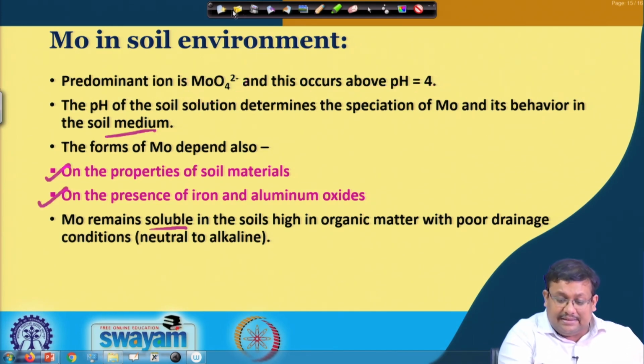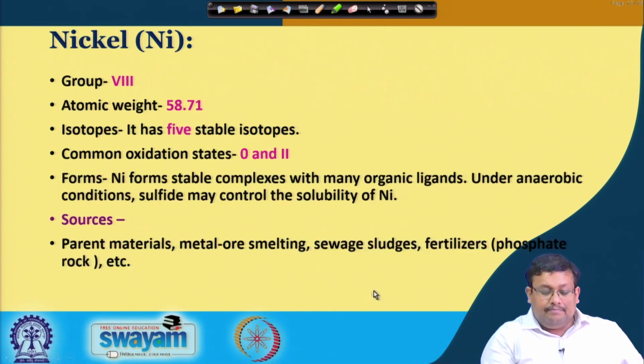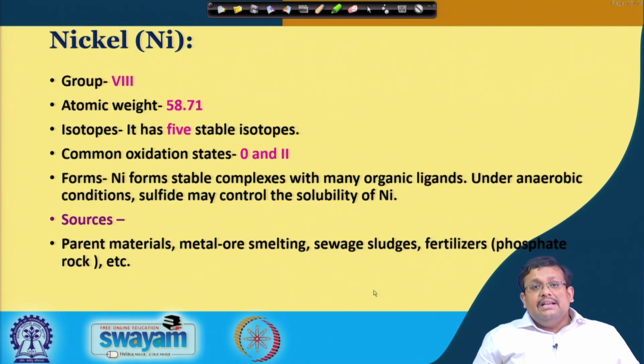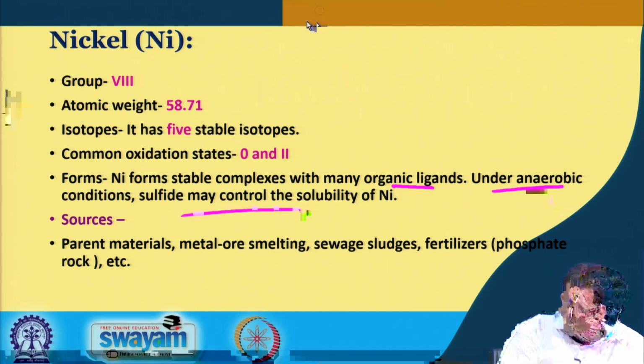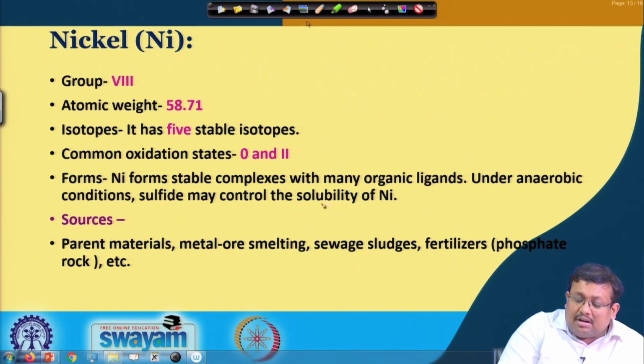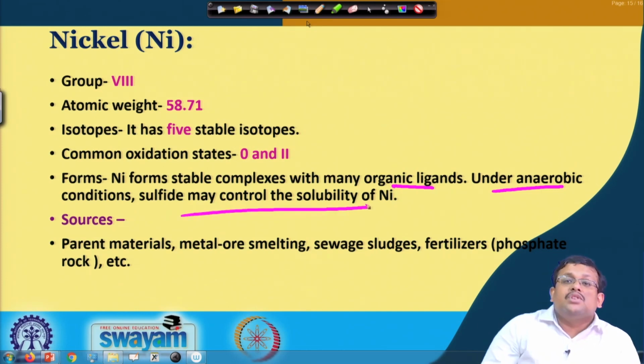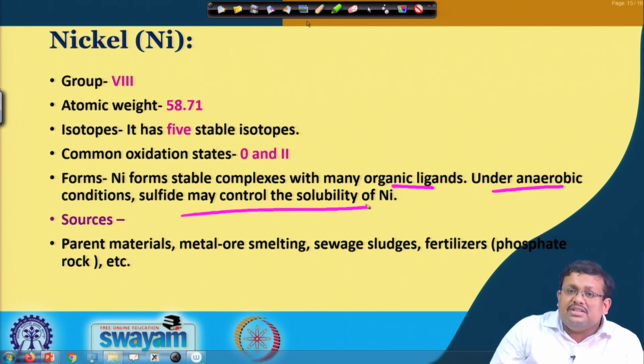Another important trace element is nickel. Nickel belongs to group 8. It forms stable complexes with many organic ligands, and also under anaerobic conditions sulphide may control the solubility of nickel.